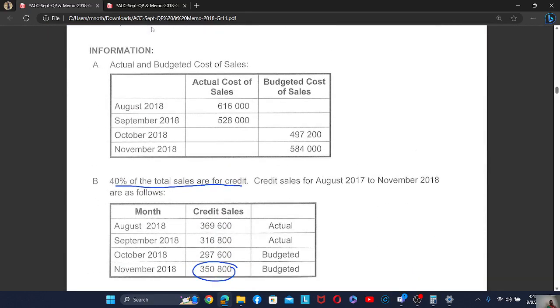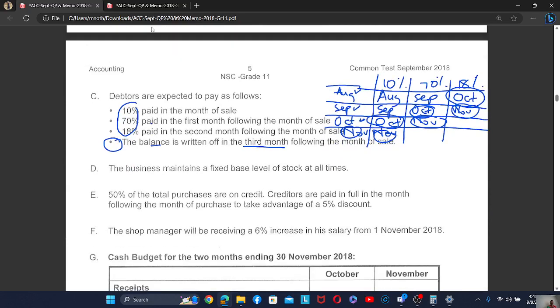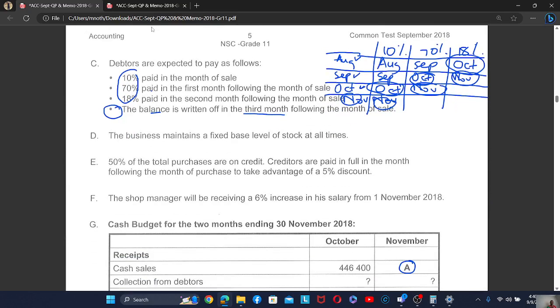So let's check what they said about purchases. In letter A, they gave us the cost of sales, but I want us to come to letter D. They said that the business maintains a fixed base level of stock at all times. Now, what does that mean?